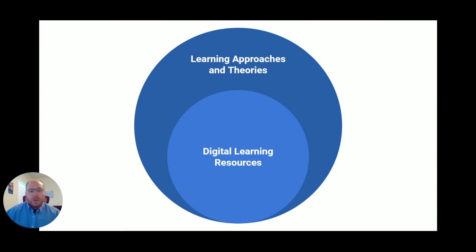So we take all those learning approaches and theories and the learning objectives and outcomes that students need to achieve by the end of their course, and we look at that first. Then we take what we know about good game design and we build our digital learning resources, all of our digital learning games, from those learning outcomes.